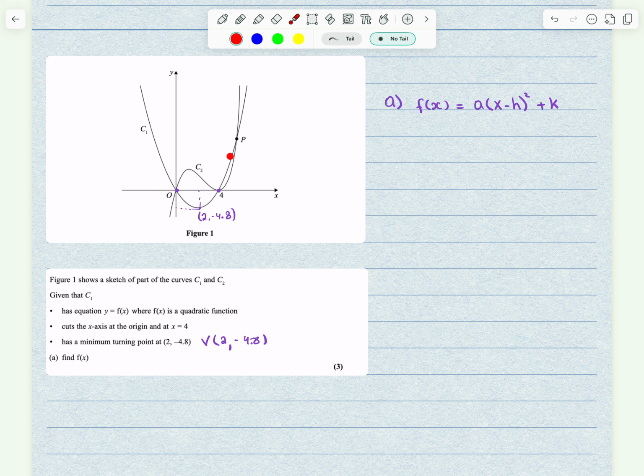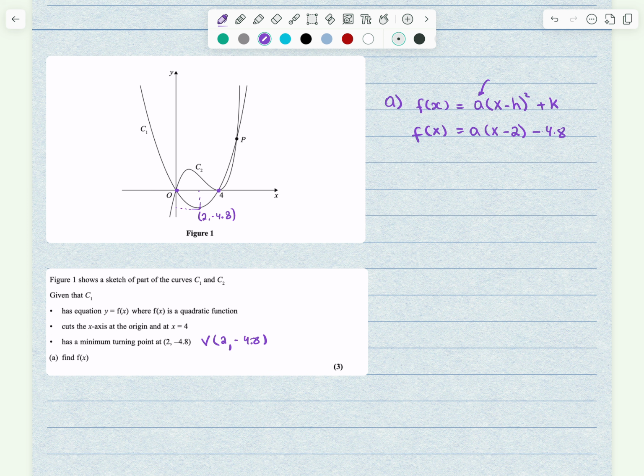We know this one, which is on the curve intersection, as well as 0 and 0. That's going to help us to find a. We already know that a is going to be positive because the curve is concave up. If I know the vertex, the equation is a multiplied by x minus the x coordinate, which is 2, plus the y coordinate, which is negative 4.8, just minus 4.8.